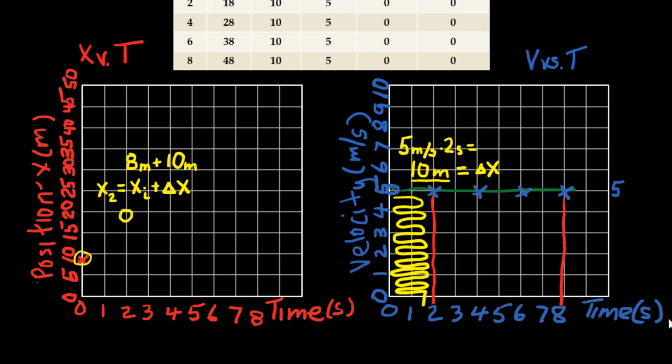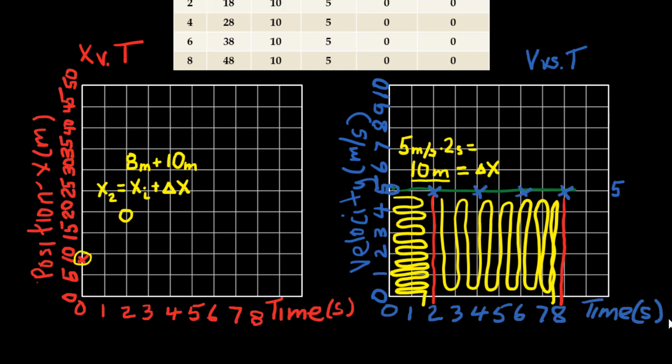Okay, so let's take a look at how far we've gone from 2 to 8 seconds. It'll be represented by the area of that rectangle. So again, we have 5 meters per second times the amount of time from 2 to 8 seconds. That's 6 seconds. So during that time, we moved 30 meters, which is the area of that rectangle from 2 to 8 seconds, from 0 to 5 meters per second.